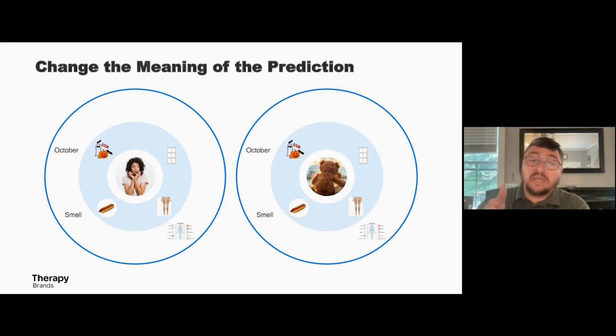And so Sally becomes the concept of feeling safe. So even though we still have October, Halloween decorations, window, hot dog, we now have Sally. We're changing or adding to the concept of feeling unsafe to create a new concept of safety, right? And so that's where we went.